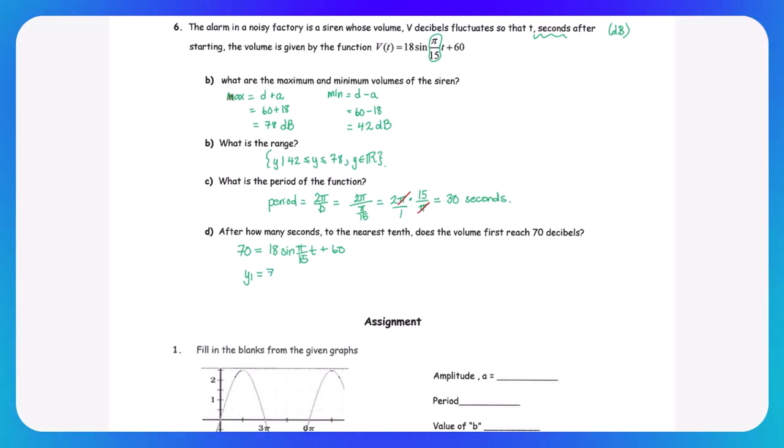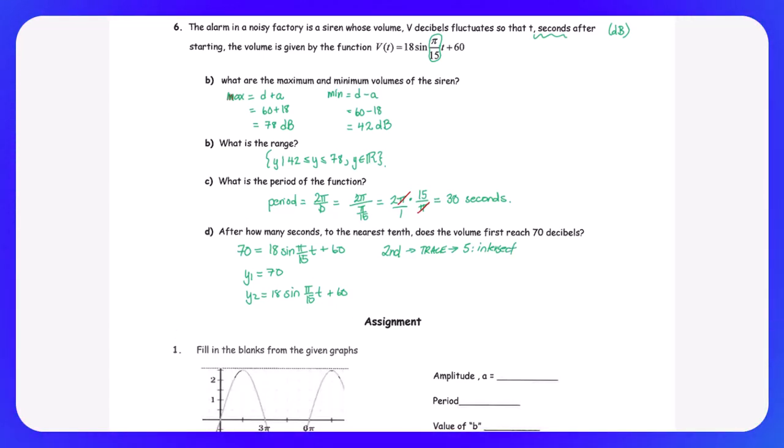Well, y1 is 70. What is y2? Y2 is this. And in this case, still finding the intersection. This is just like the last one we did on the calculator. So we go second, trace, and 5 for intersect.